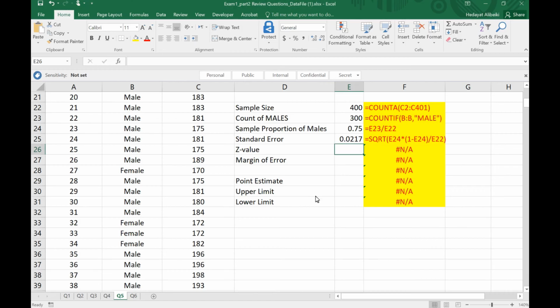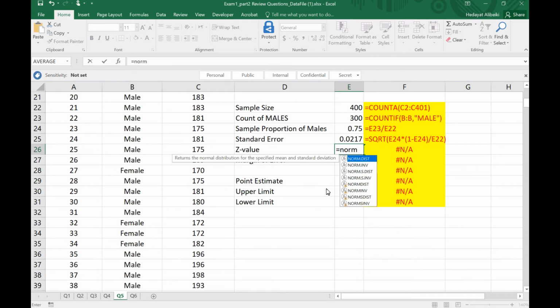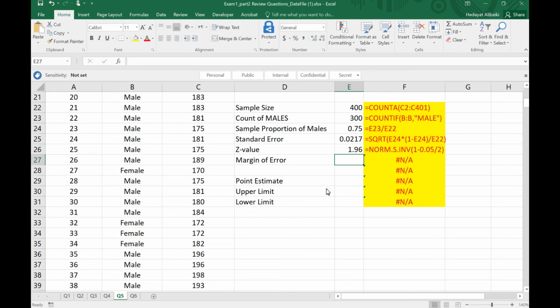So it would be equal to NORM.S.INV of 1 minus half of alpha. In our exams, in our questions, we always assume alpha is 5% unless otherwise stated. Since we're looking for 95% confidence interval, 1 minus alpha is 95%, so alpha would be 5%. This gives us 1.96. Therefore, margin of error, z value times standard error, would be 0.04.